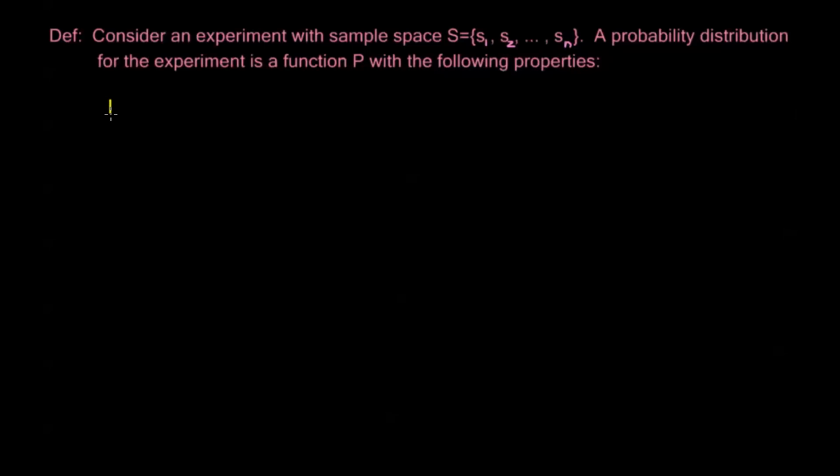The first property is that for each Si, or in other words, for each sample point in my experiment, I have that, well, first of all, i is between 1 and n. I have that the probability of Si is a real number, and it always lies between 0 and 1.